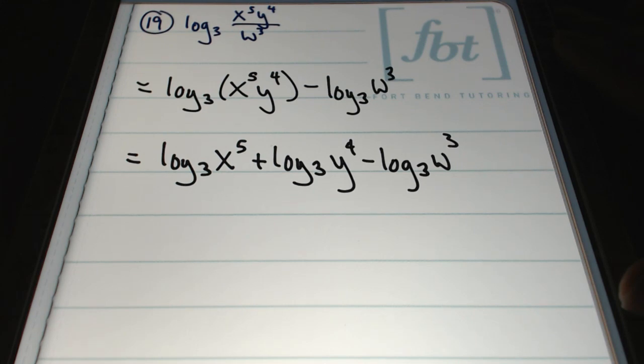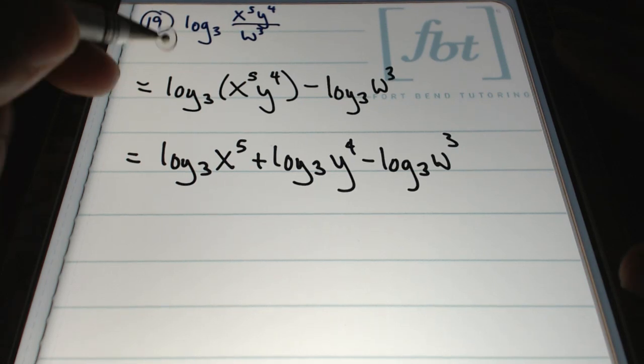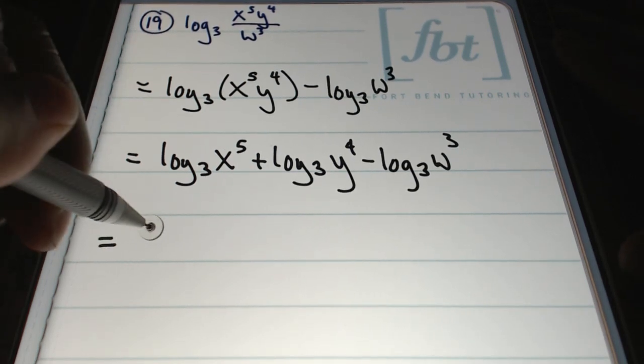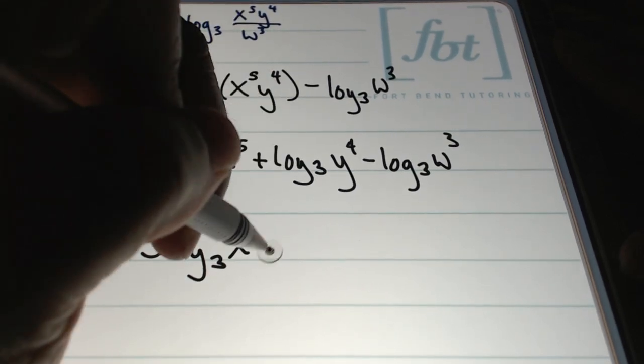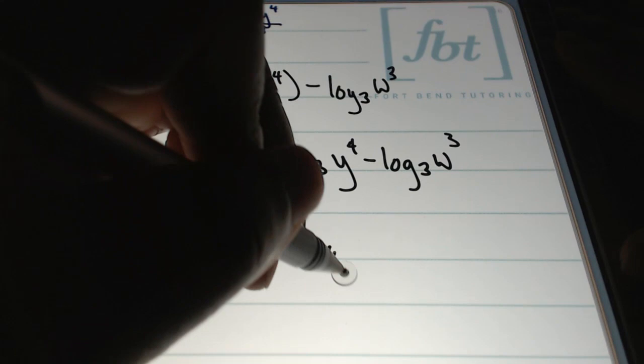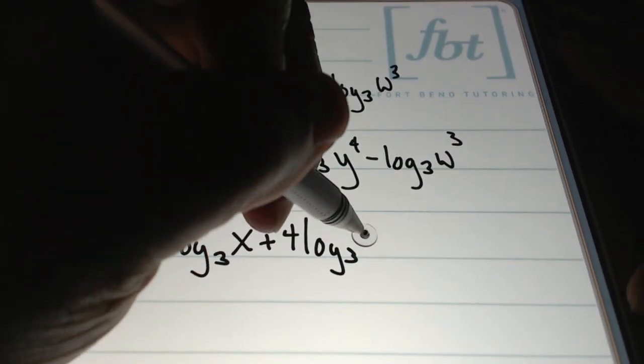When you multiply, you add, and when you divide, you subtract. That's exactly what we're saying. So we end up with 5 log 3 of x plus 4 log 3 of y minus 3 log 3 of w.